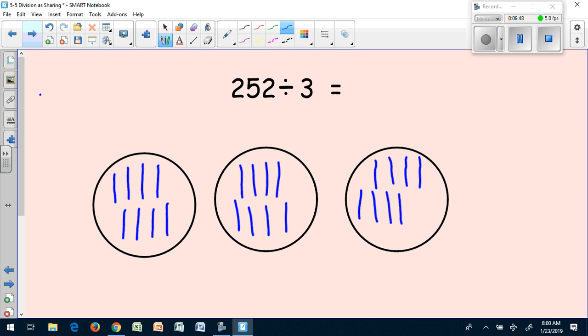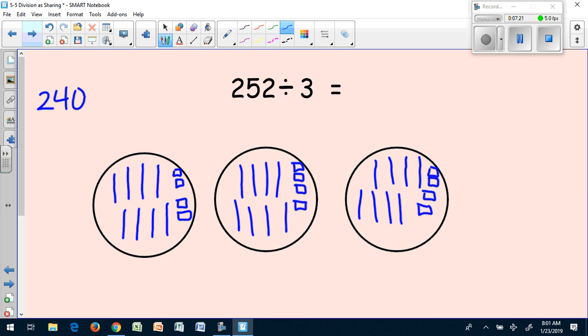I'm going to write that down so I don't forget how many I put in so far. I know I can't do another 10 because I have to give equally to each group. So I'm at 240, and I'm just going to divide my ones until I get to 252. So 240, 241, 242, 243, 244, 245, 246, 247, 248, 249, 250, 251, 252.